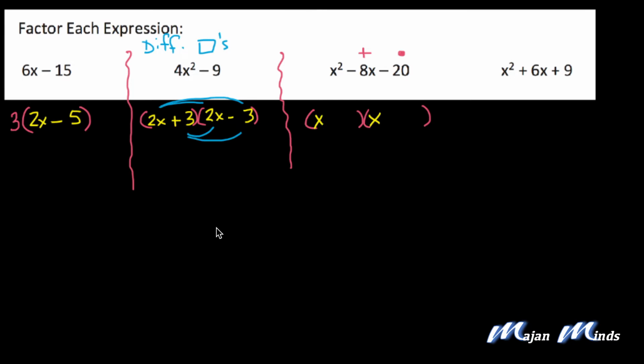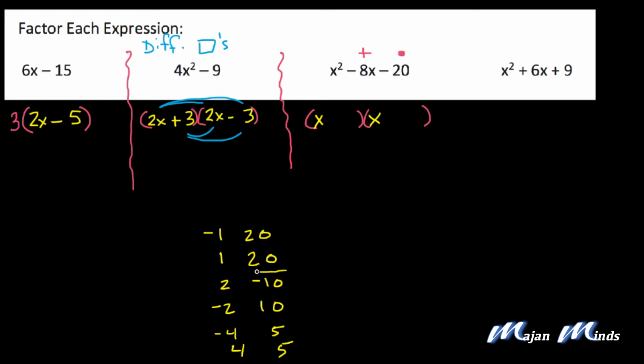To get negative 20, I could use negative 1 and 20. I could use 1 and negative 20. I could use 2 and negative 10. I could use negative 2 and 10. Negative 4 and 5 and 4 and negative 5. Now, do any of these pairs add? They all multiply to give me negative 20. Do any of them add to give me minus 8?